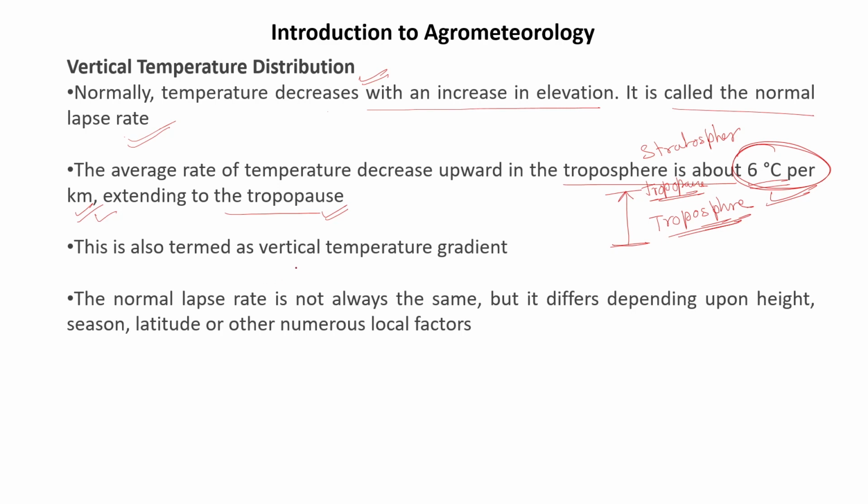So this is termed the vertical temperature gradient. The normal lapse rate is not always the same, but it differs depending upon the height, season, latitude, and numerous other local factors.